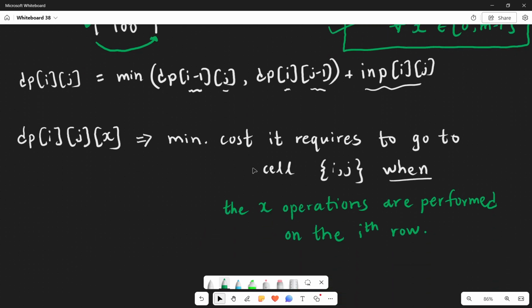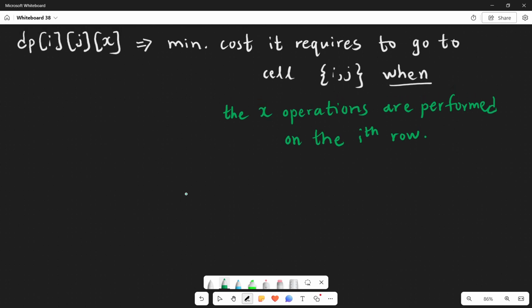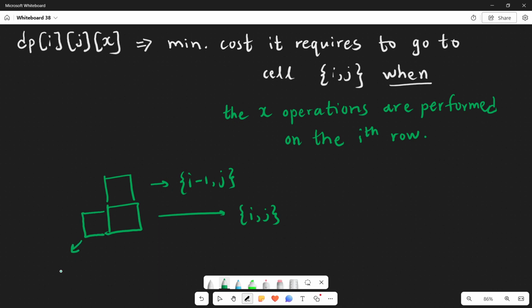Okay, so let me draw again that cell i comma j. This cell is i minus 1 comma j, and this cell is i comma j minus 1.